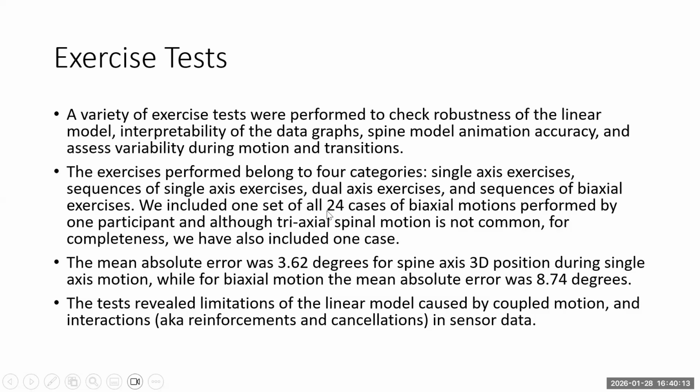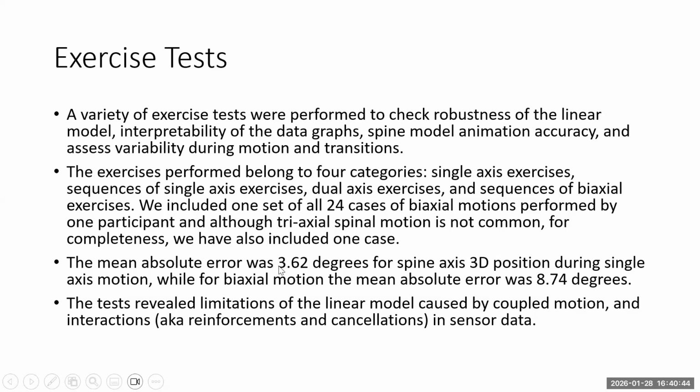The set of 24 cases includes the combination of motions, and there was one participant that did all of them. The idea was to check if the accuracy of the angles that we calculated was comparable to what therapists can eyeball and measure with goniometers, right?